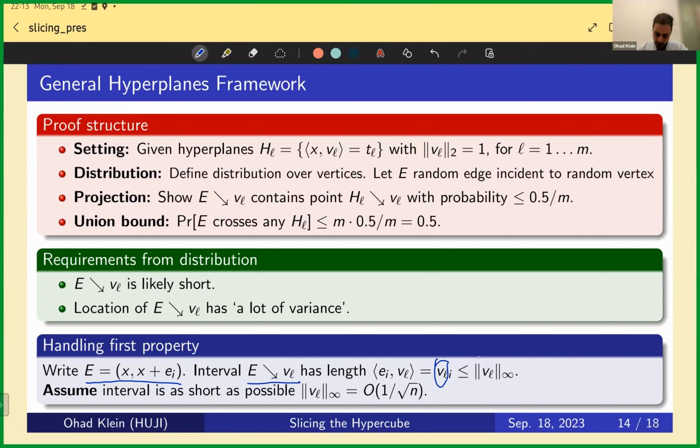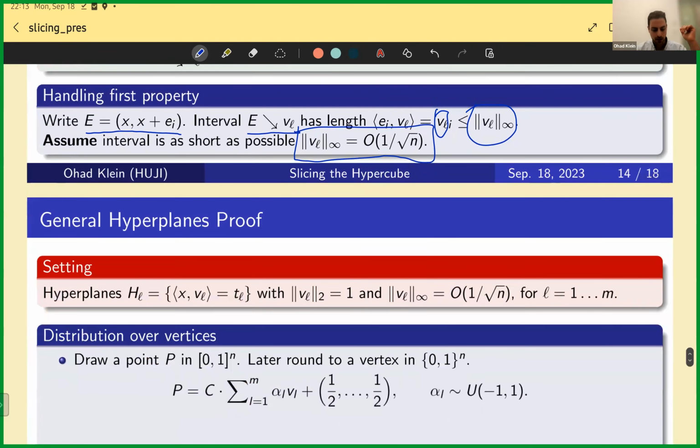And the length of this interval is always bounded by the L infinity norm of the vector V_L. So for that reason, we are going to assume that the L infinity norm of our vectors is about as small as it can be, because we want our intervals to be short. In the full proof, we of course do not assume that, but for introducing the proof, we assume that the L infinity norm of the vectors is small.